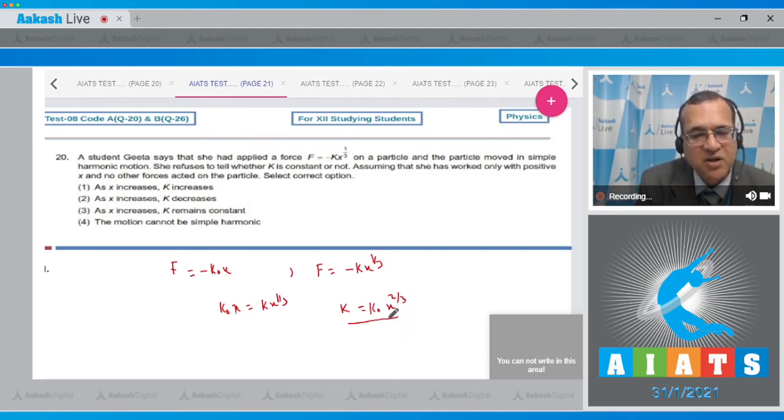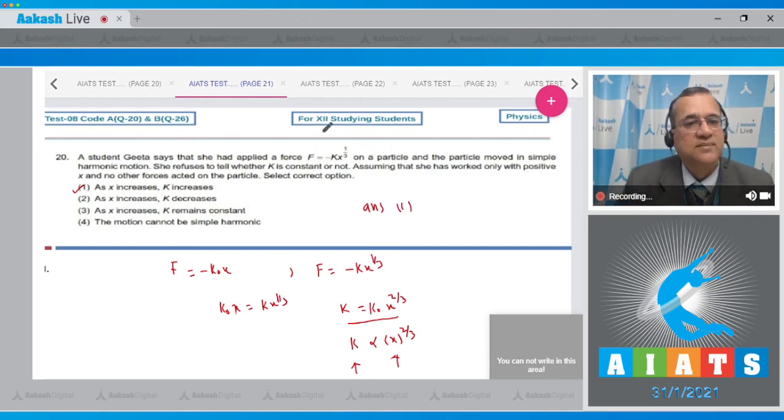So k is dependent on x, and k is proportional to x power 2 by 3, and x is given to be positive. So if x is positive, when you increase the value of x, k will also increase. So the correct option is: as x increases, k also increases. So the answer to this question is the first one.